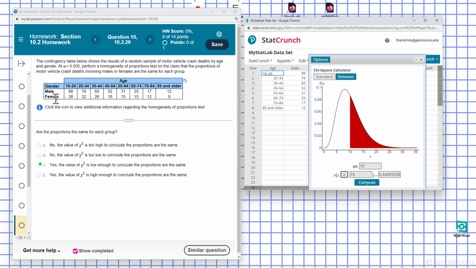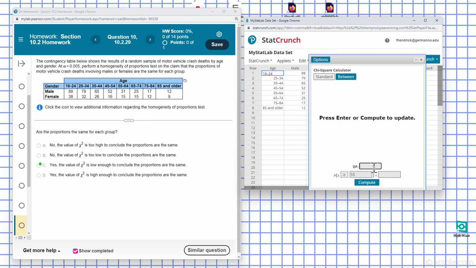So that's going to be 1 times 1, 2, 3, 4, 5, 6, 7, so 7. In this case, there's a critical value.